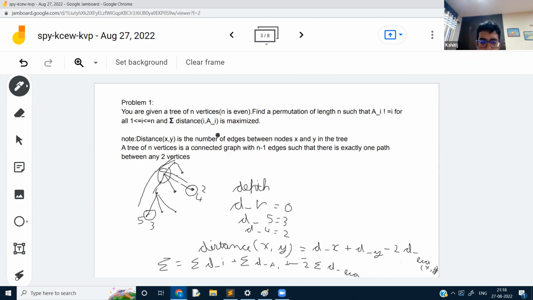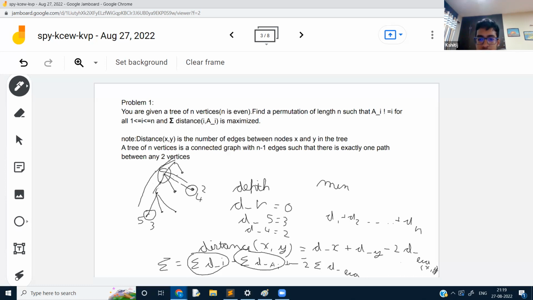So it's basically summation of d_i, and this is a fixed, constant term. It will be equal to d1 plus d2 up to dn. And this is also fixed, since this is a permutation, all of these exist exactly once in it, and it's exactly the same. So this is constant. We need to maximize this term. Since we are subtracting this, we need to minimize the LCA.